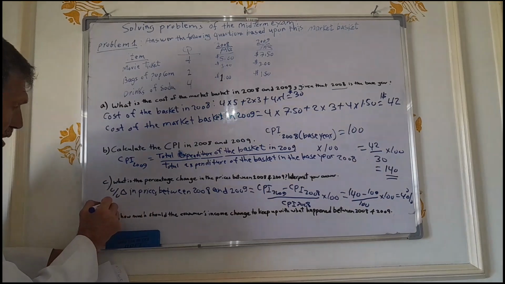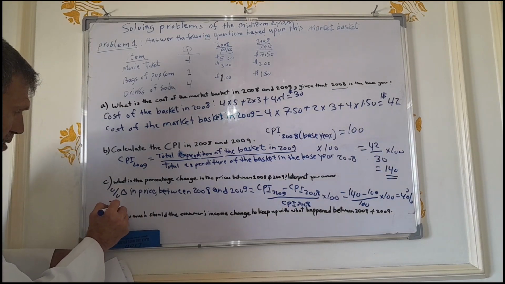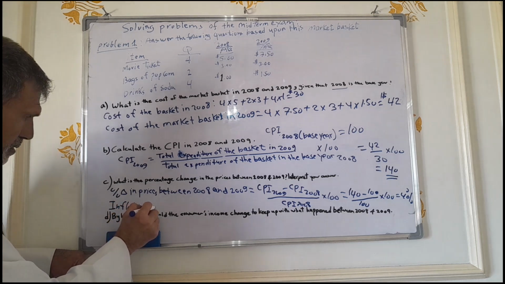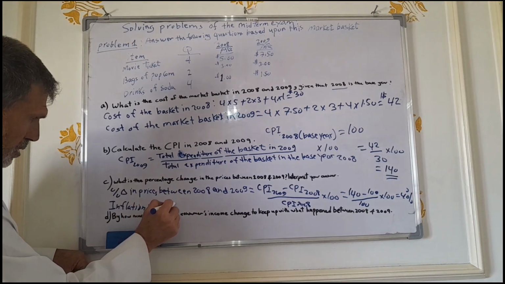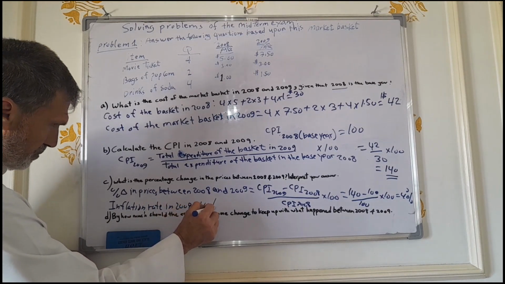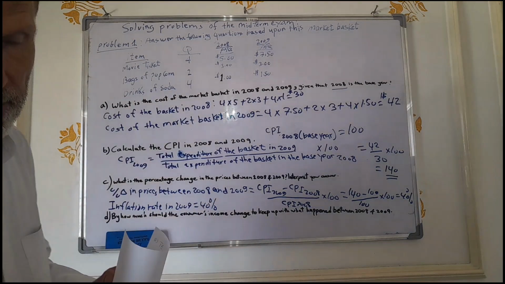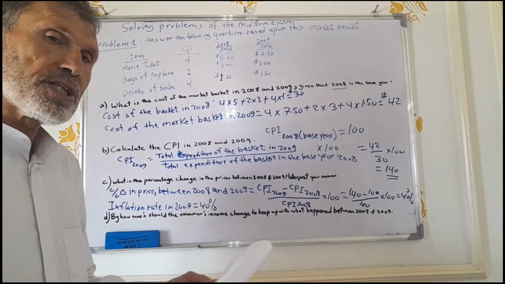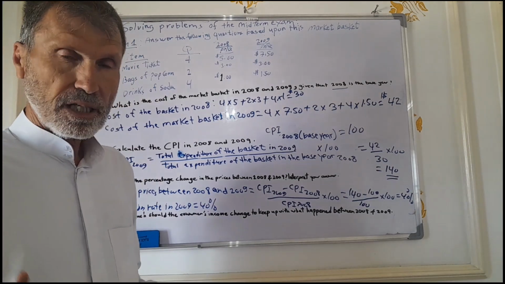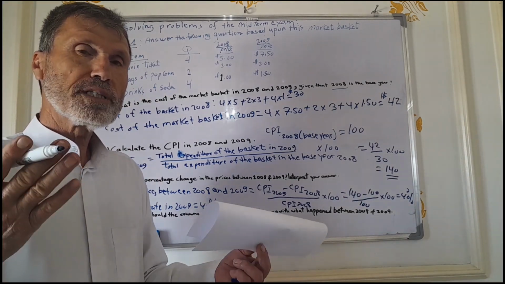So I could say here, the inflation rate in 2009 is equal to 40%. Now, what does it mean when the percentage change in prices between these 2 years is 40%? How do you interpret this?